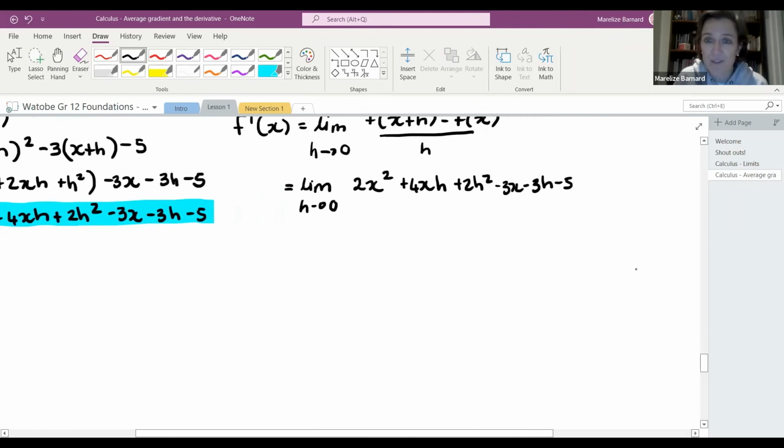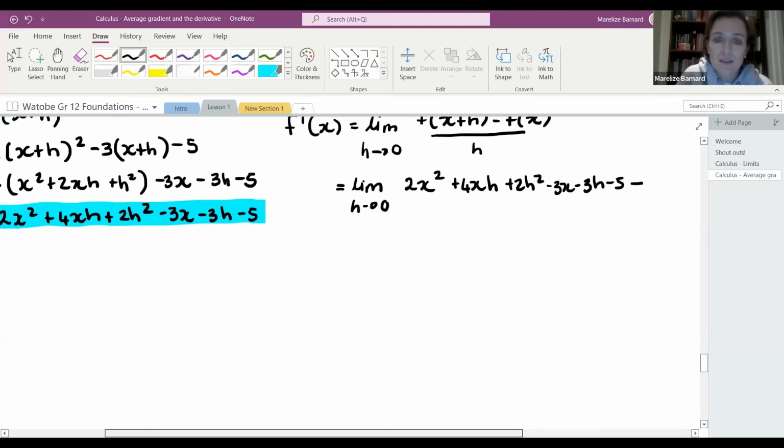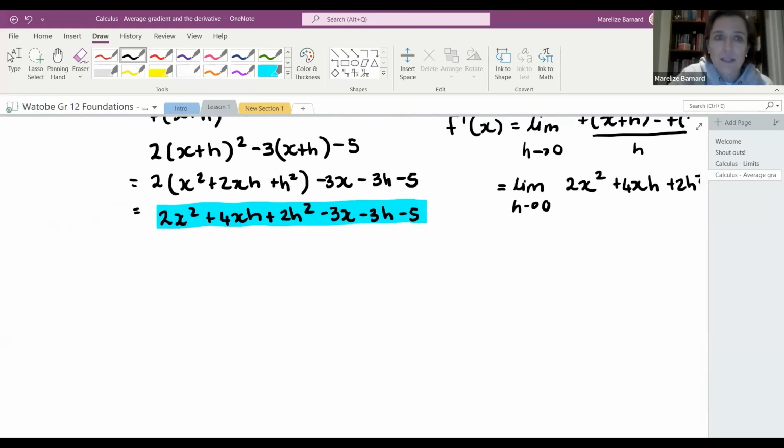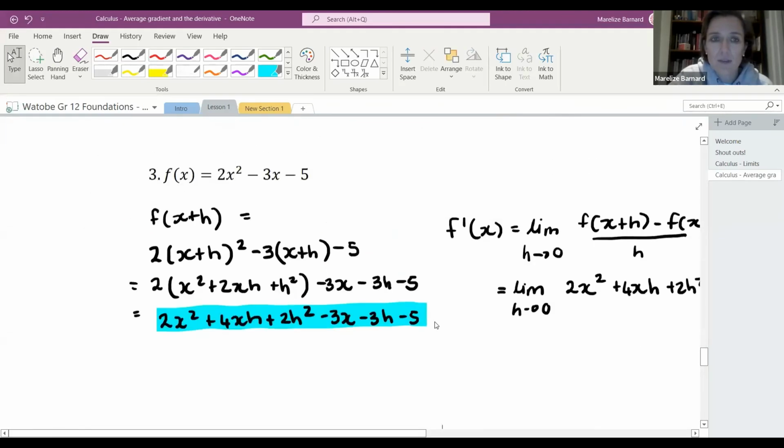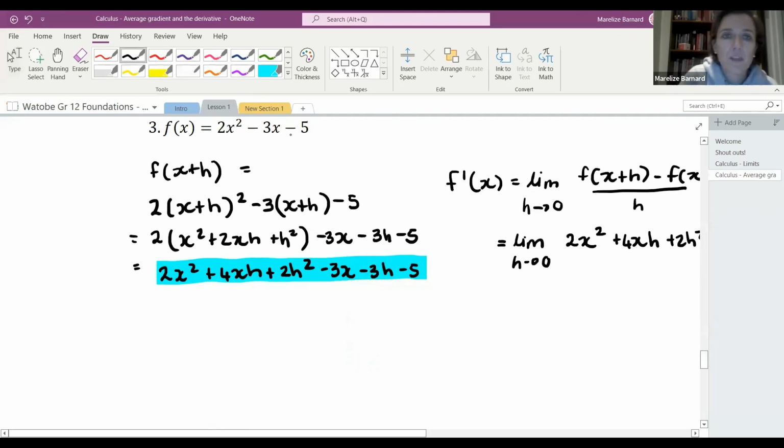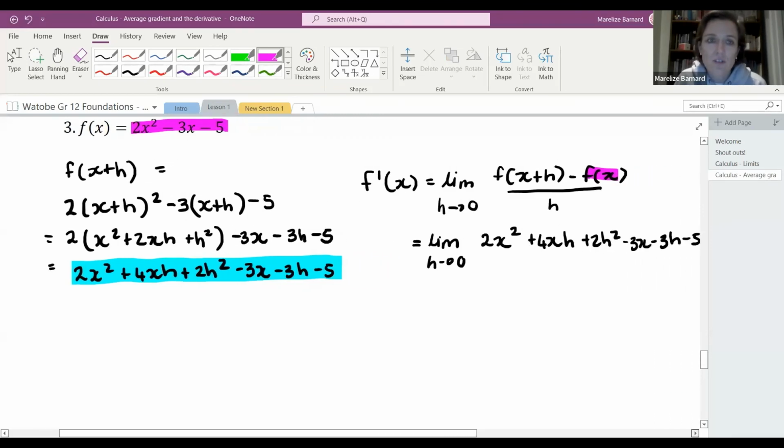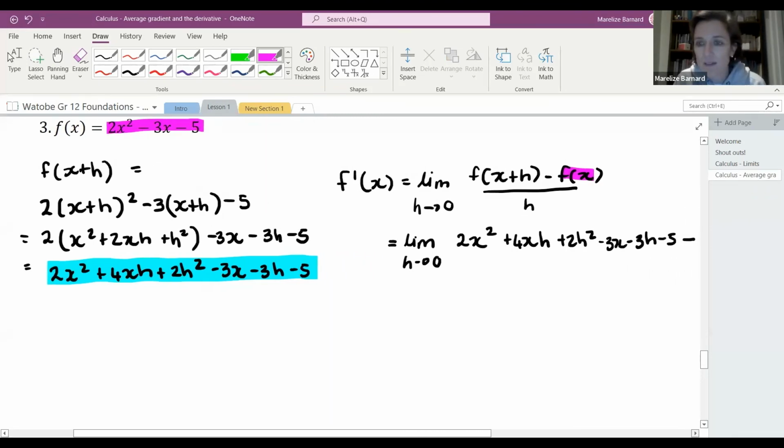I'm really proud of you for doing that. Now our f of x is over here. Let me just scroll up a little bit. I'm going to do that in pink so that we can keep track of what we are putting where. So that is my f of x. I'm going to subtract it, so minus 2x squared minus 3x minus 5.